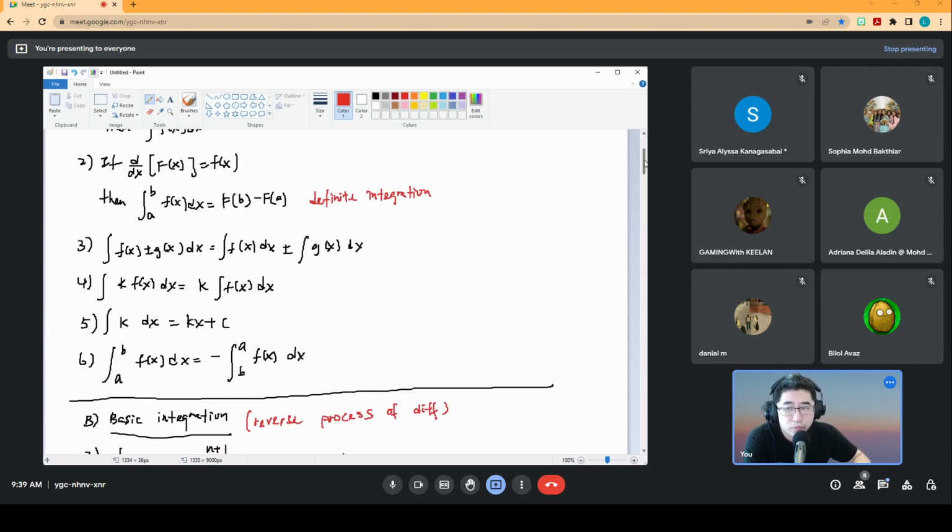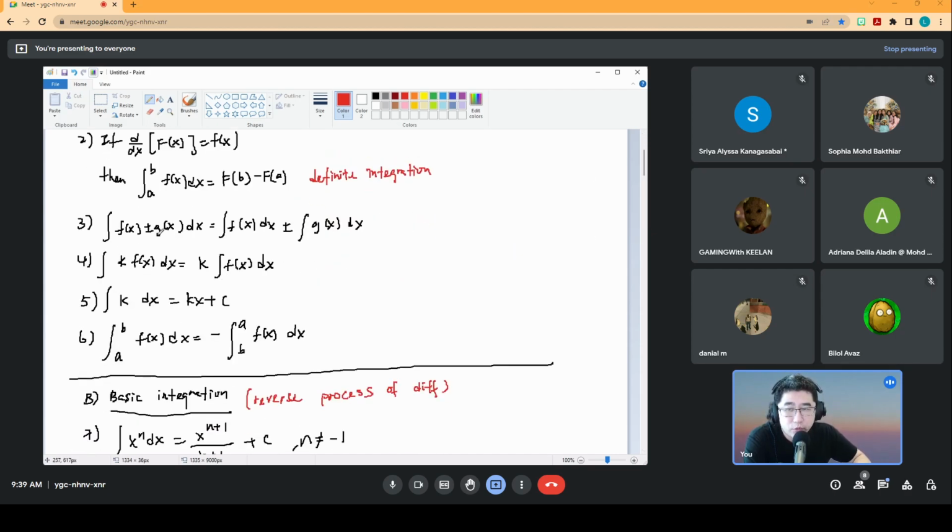Number 3, if we have a plus or minus in between, we can always separate them before we do our integration. Number 4, if I have a multiple, I can always take out the multiple before I do my integration. Number 5, if I have a constant, I will have kx plus c. Number 6, I have a to b. They can change positions with a negative, b below, a above.